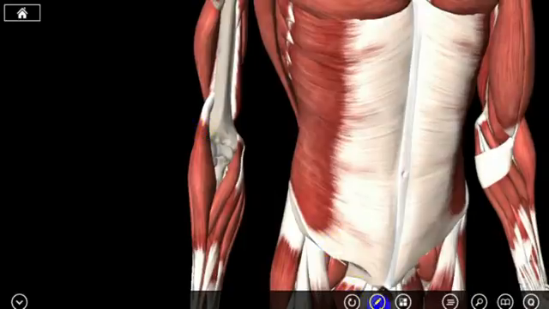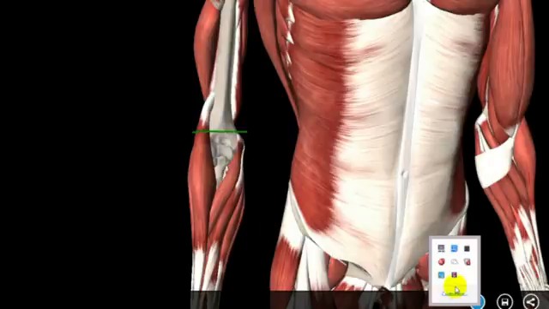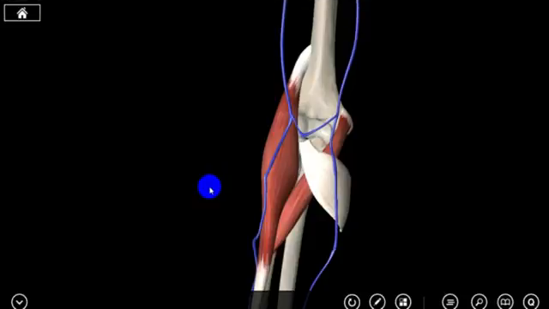So we can see that the imaginary line joining the two epicondyles of the humerus is the base of the cubital fossa. So now that we are through with the boundaries, we will go ahead to discuss the roof of the cubital fossa.